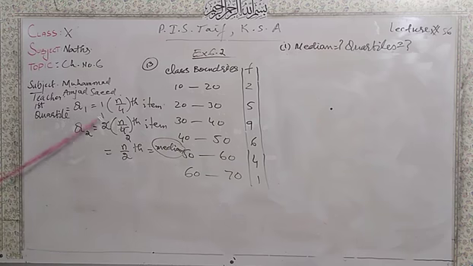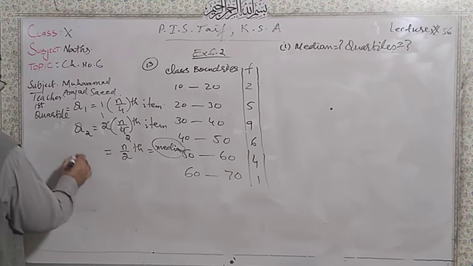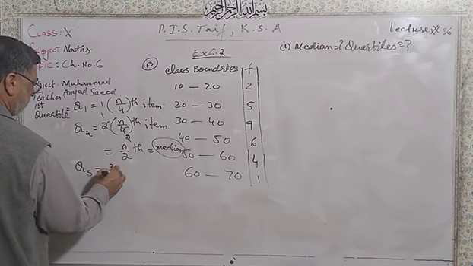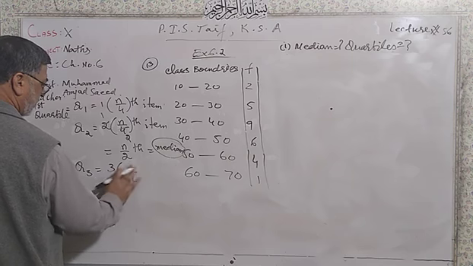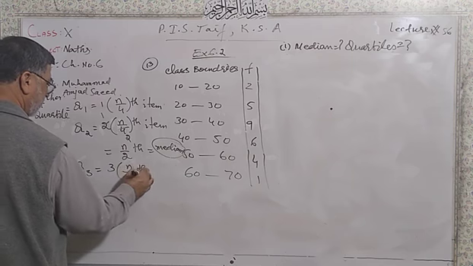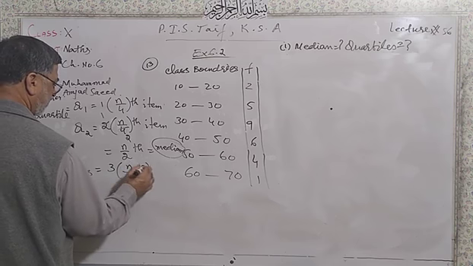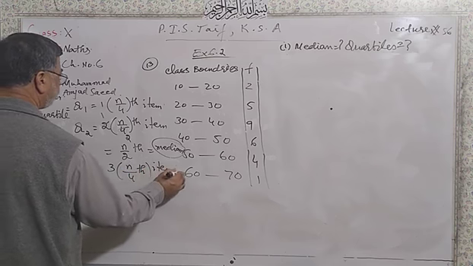So the second quartile is also known as the median. After this, Q3 is 3 into n by 4th item.